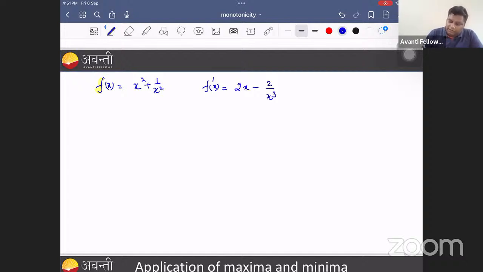Got it? Now you will set f dash x equal to 0. So that means 2x equals 2 upon x cube, that means x to the power 4 is 1, that means (x square minus 1) times (x square plus 1) is 0.